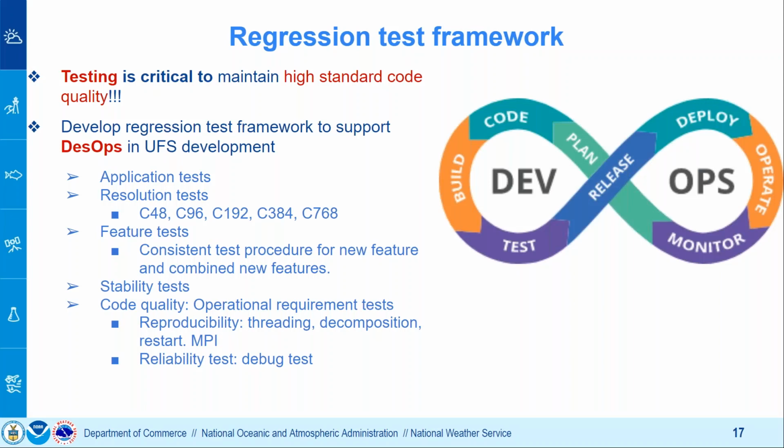Even though some configurations could be different, if you are running with different MPI tasks, with threading, with decomposition, or if you run the code in restart mode, you should get the same results. And we also have this mandatory debug test to make sure the code updates are reliable. I want to mention, EPIC actually picked this up and continues working on developing the test framework.